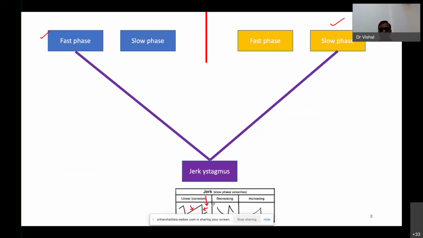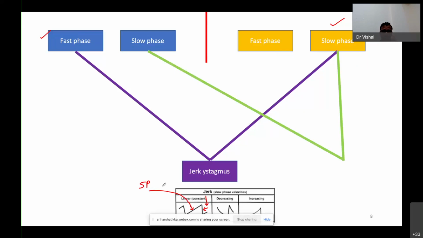But pathophysiologically, the slow phase is very important. The slow phase velocity, whether it is exponentially increasing, decreasing, or linear, will help us decide what type of lesion or pathophysiology the patient has.